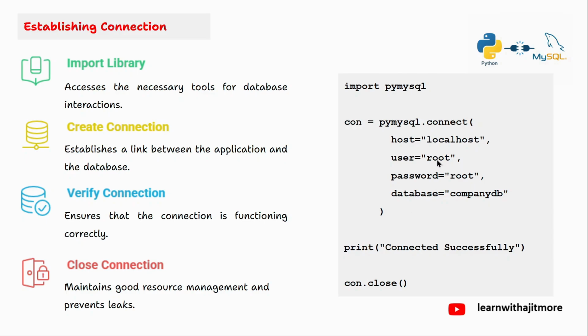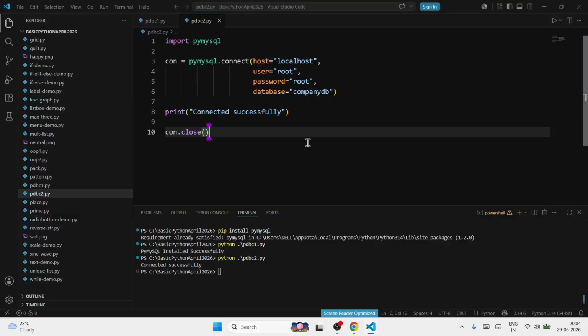Can you show me? No, when you installed MySQL in your machine, at that time you might have done the configuration of it. So whatever is in your machine, you give.